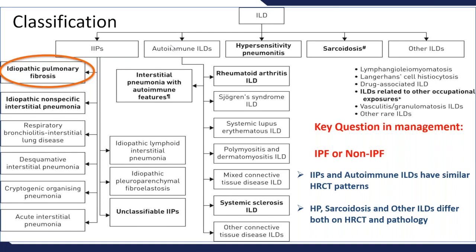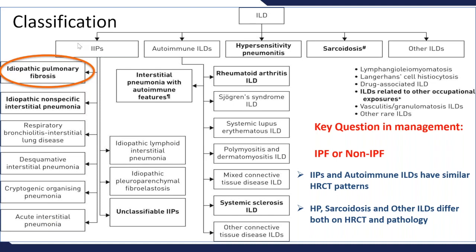Then there are other diseases like hypersensitivity pneumonitis, sarcoidosis, and a whole lot of other diseases which differ from IIPs and connective tissue disorders, both in terms of their features on HRCT as well as on pathology. So clearly, a differentiation classification helps us to sort out the management problems. And the most important problem that has to be addressed in the workup is: is it IPF or non-IPF?